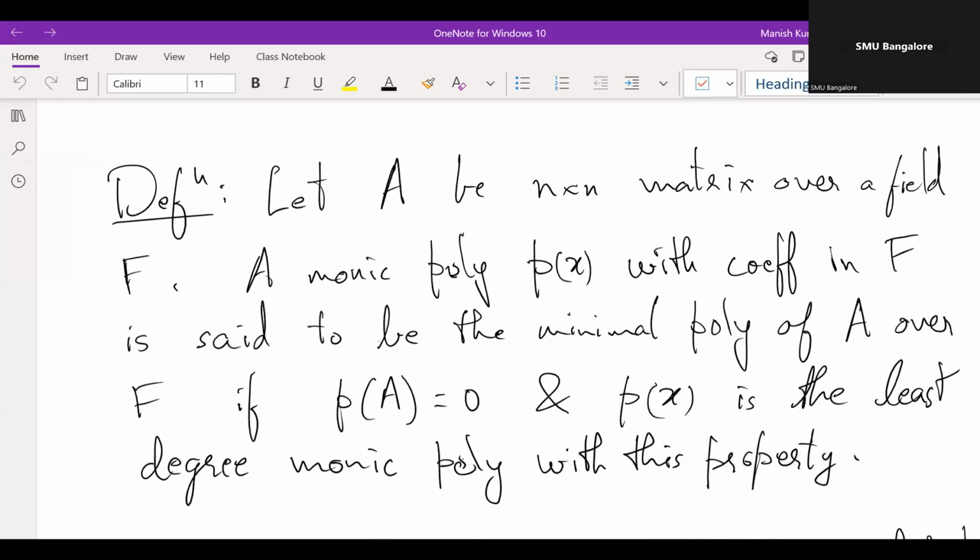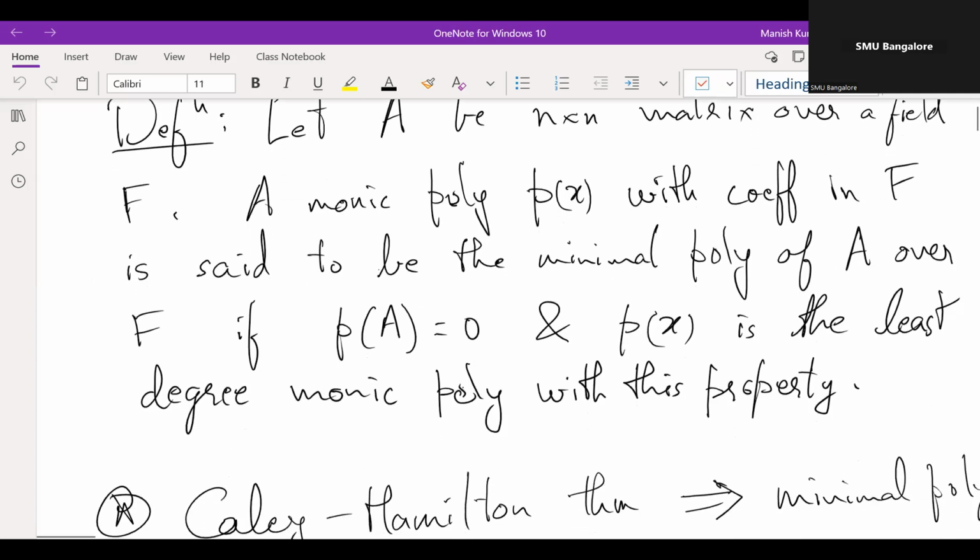So remember the definition. If you have a matrix A with coefficients in the field F, then a monic polynomial p(x) with coefficients in F is said to be the minimal polynomial of A over F. A priori it seems like it's defined over F, but as I said, the monic polynomial is unique, so eventually you'll see that any field containing F gives the same polynomial.